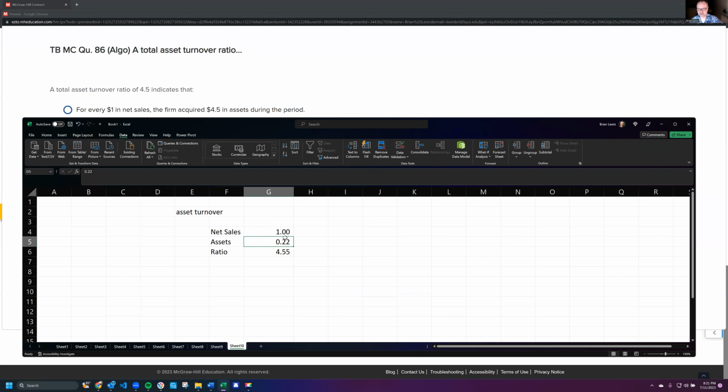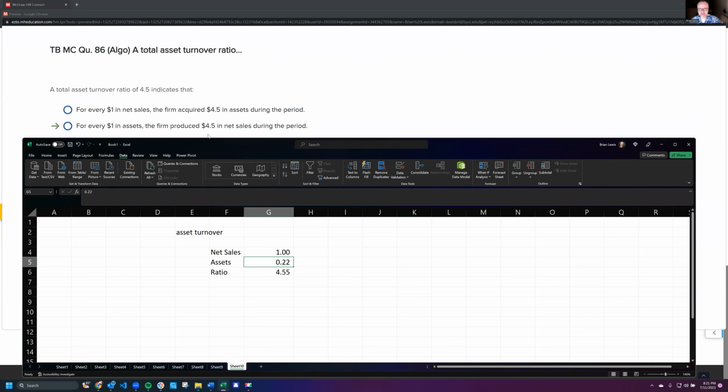So somewhere in there. So that's not correct. 1 in net sales does not equal 4.5. It'd be 0.22 in net assets. For every $1 in assets, the firm produced 4.5 in net sales. Okay, so let's do this, 4.5 and 1. Yeah, that makes sense. That gives me 4.5.